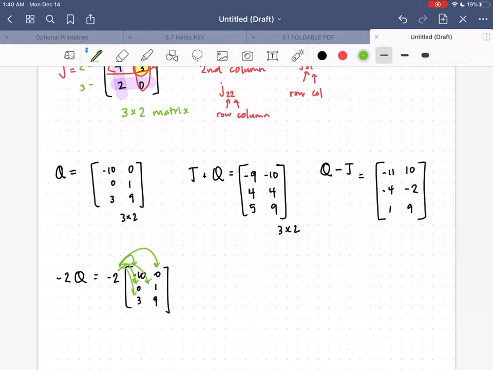So we're going to distribute that -2, multiply it 6 times. Negative 2 times negative 10 for that top left corner is going to be positive 20. Negative 2 times 0 is still 0. Negative 2 times 0 is still 0. Negative 2 times 1 is negative 2. Negative 2 times 3 is negative 6. Negative 2 times 9 is negative 18.